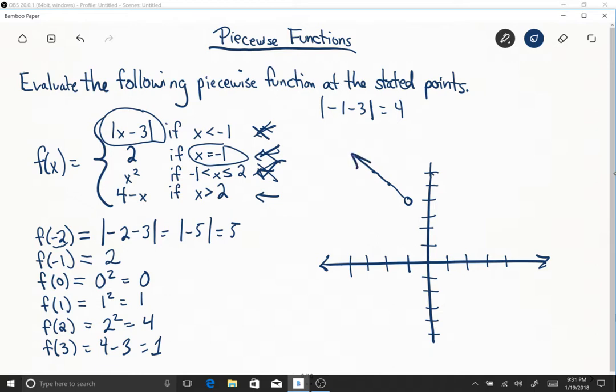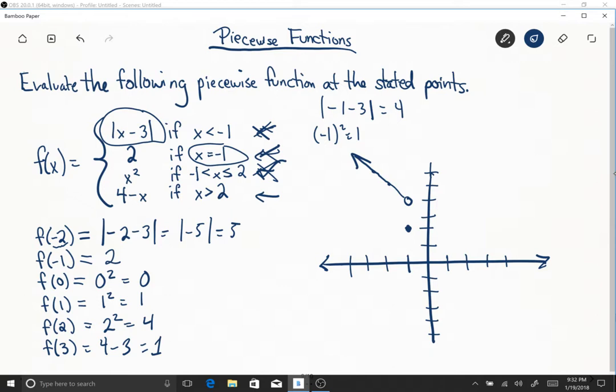I'm not saying you're going to have to draw this, but hopefully this will make a little more sense as to what's going on. When x equals -1, you have 2. So at x equals -1, we put that spot 2. Now, on the other end, for x squared, notice that's a parabola. We should know what that looks like. And -1, the quantity squared, equals +1.